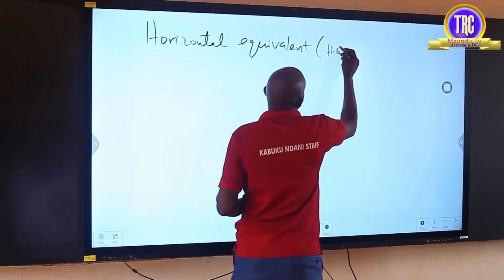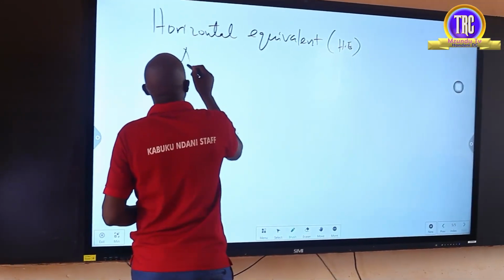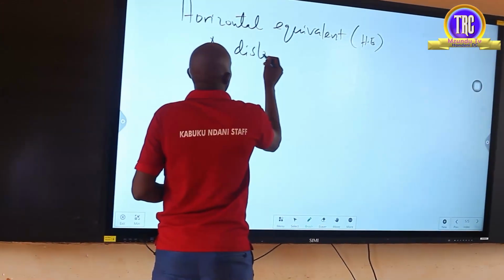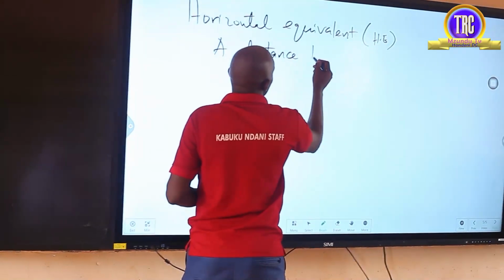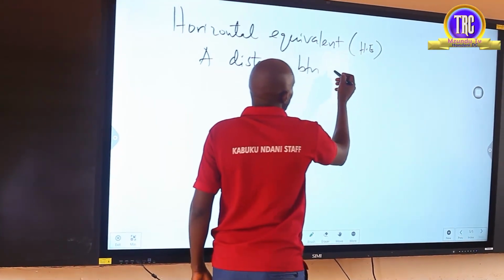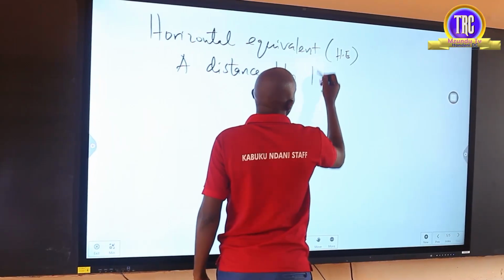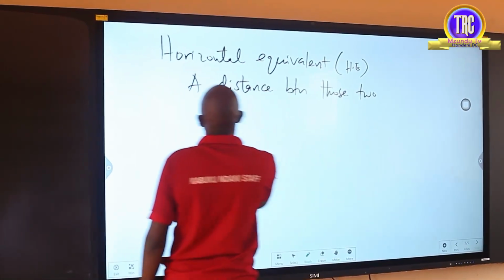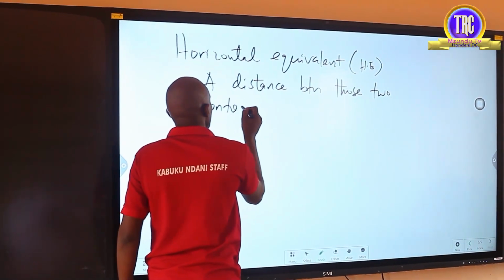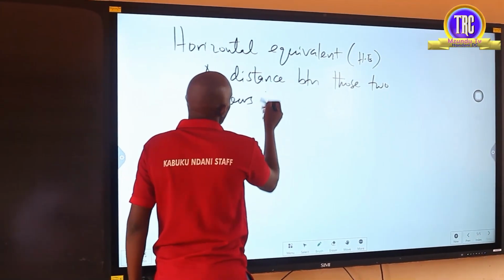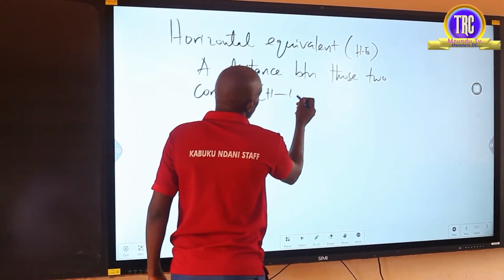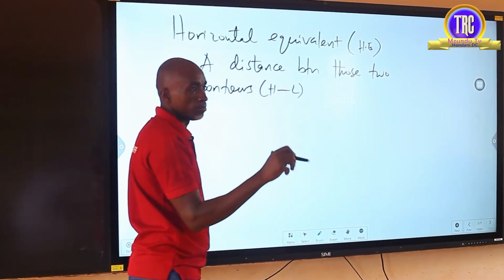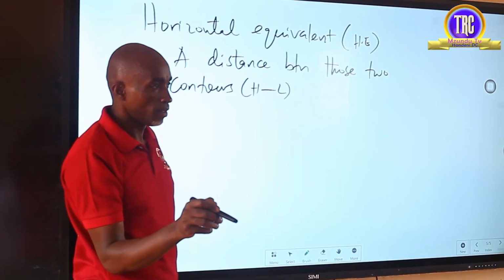It is the distance between those two contours, that means the highest and the lowest. The distance between them. Okay?